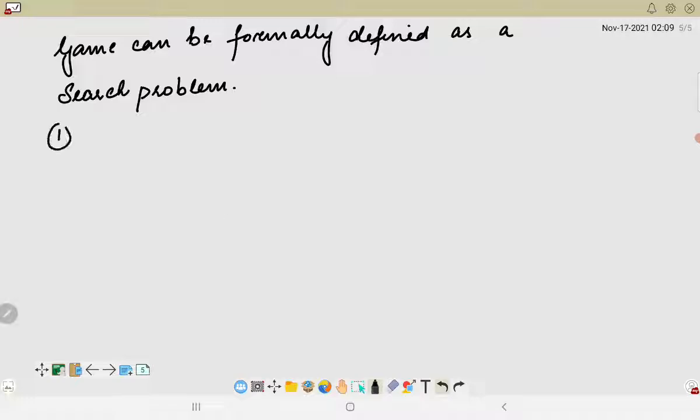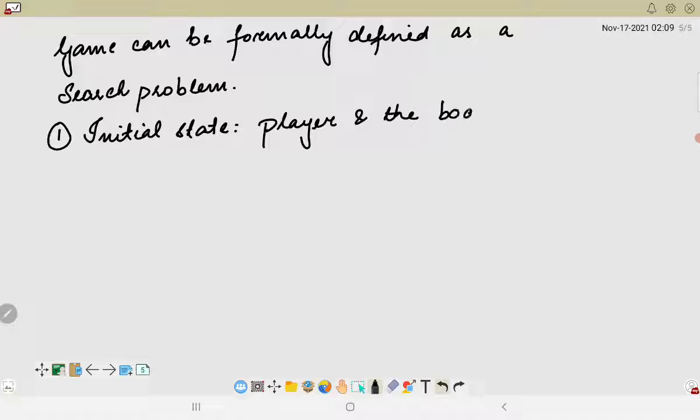It will have the initial state. The initial state is that state which includes the board position and identifies the player to move. So it identifies the player and the board position, that is, what current state the board is in.